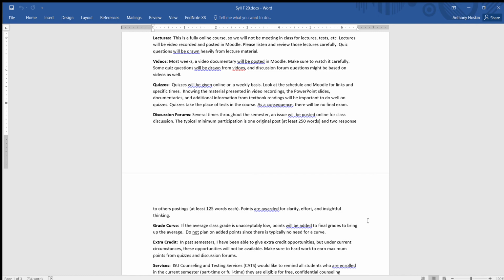Those are minimums. You can go longer if you really like to get into it and discuss a lot, fine. But give me at least 125 words on those 2 responses. And I will go through and grade those after I've given you enough time, like a week, to discuss. Then I'll go in and grade them, and I award points based on effort.